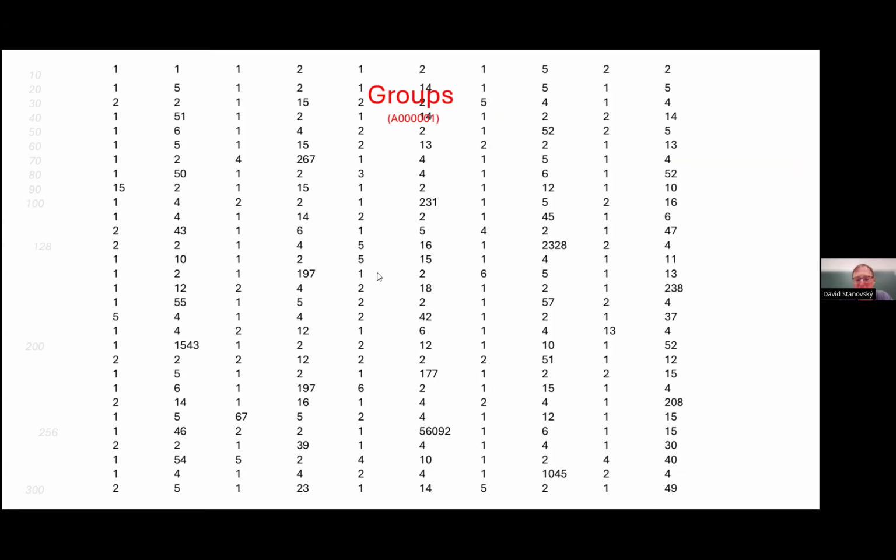Back to groups, right? So how many groups are there actually? I printed the table slightly larger, up to 300. Many of the numbers are very small, right? There's a single group of prime order. There are just two groups of prime square order.